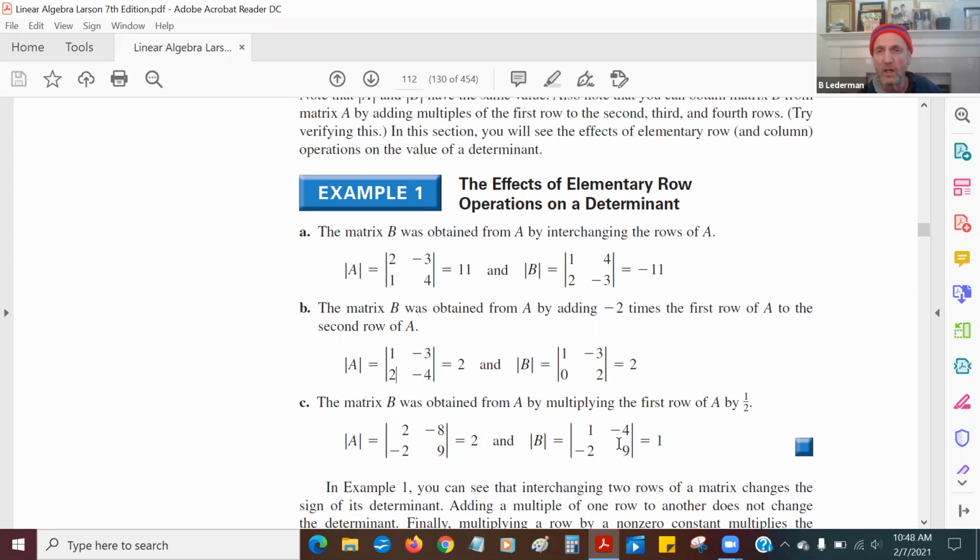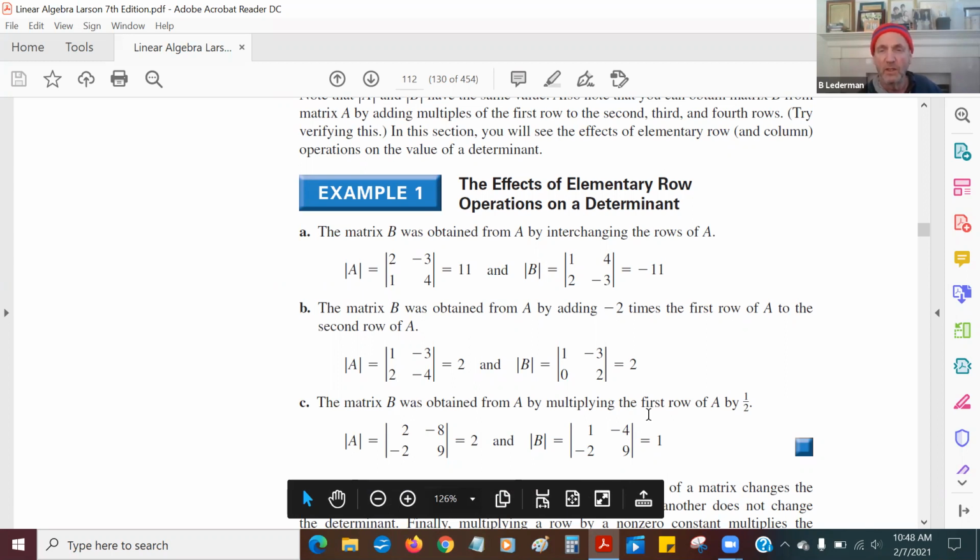When you take the determinant, it's 1 times 0 minus -2 times -4, which is 0 minus 8, which is -8. So notice that the determinant here is 1/2 of what it was over here. I multiplied a row by 1/2, and my determinant got shrunk by 1/2.